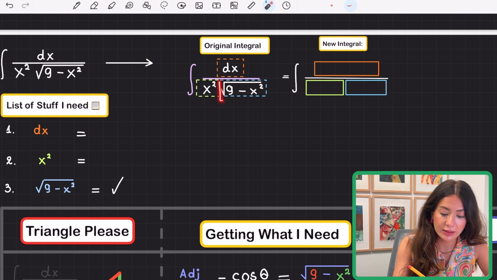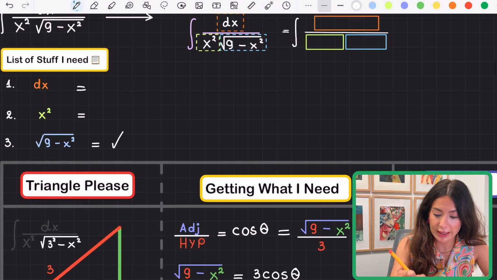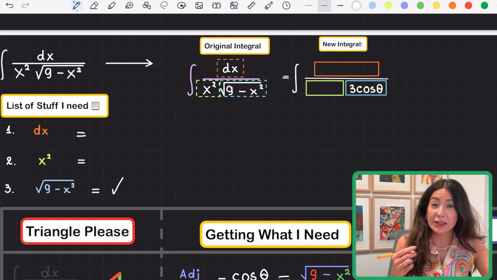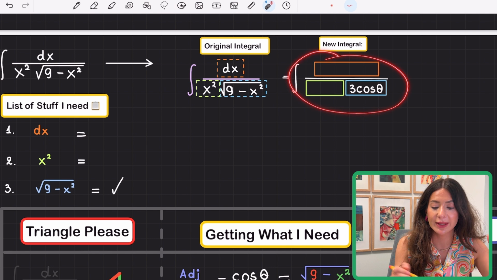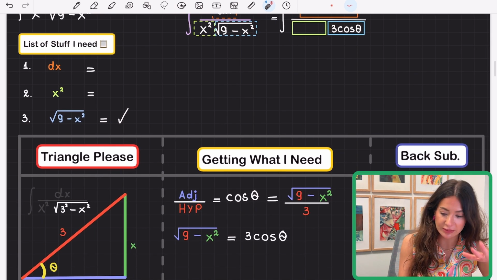And here, that expression will be rewritten as 3 cos theta. Do you see how I'm working on writing a new integral? And I'm never going to solve this integral. I'm going to solve this integral and translate back my final answer in terms of x in this step.